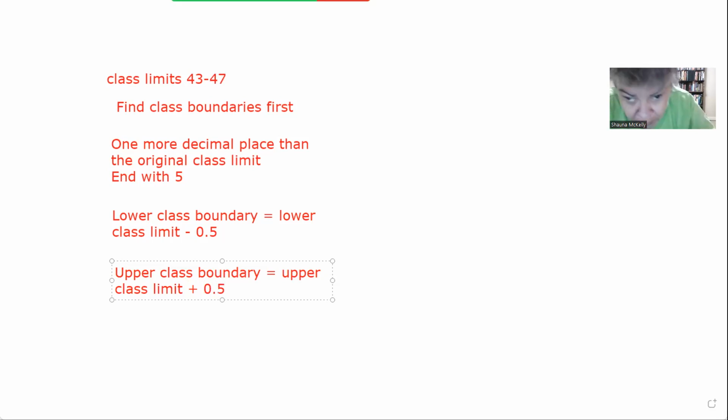So what does that mean? For this problem, I have the following: 43 minus 0.5. Now, it's not 5, it's 0.5. This is going to be 42.5.